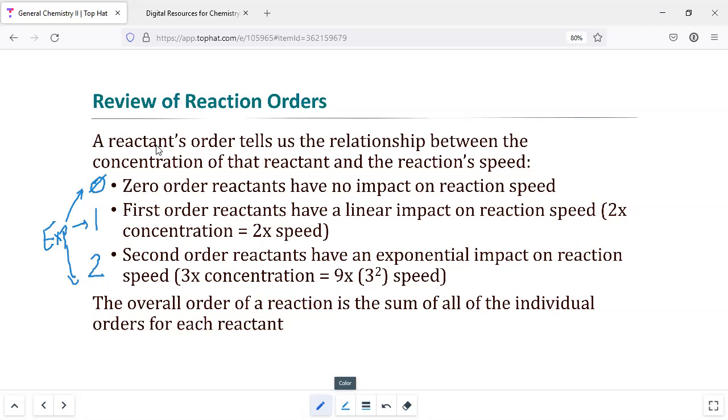And so if I globally doubled everything, it would increase the rate by 8, 2 cubed. Because I would get a doubling effect from reactant 1 and a quadrupling effect from reactant 2. And 4 times 2 is 8.